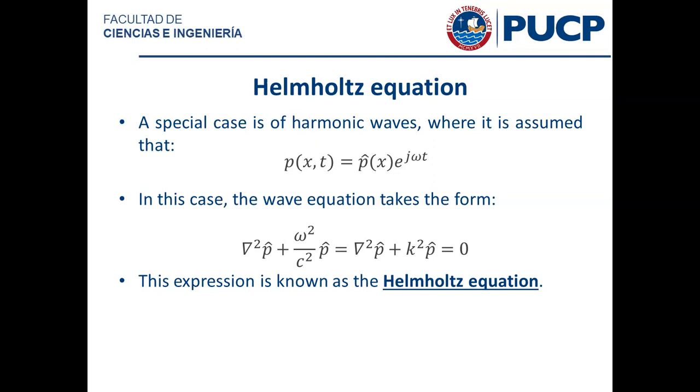That is, it would be a complex sinusoidal of time at a single frequency omega. That's where the name comes from. It's a harmonic oscillation, right? Times p hat of x, where p hat of x is a function of x. So the pressure field changes across space, but across time, it basically oscillates at a single frequency.